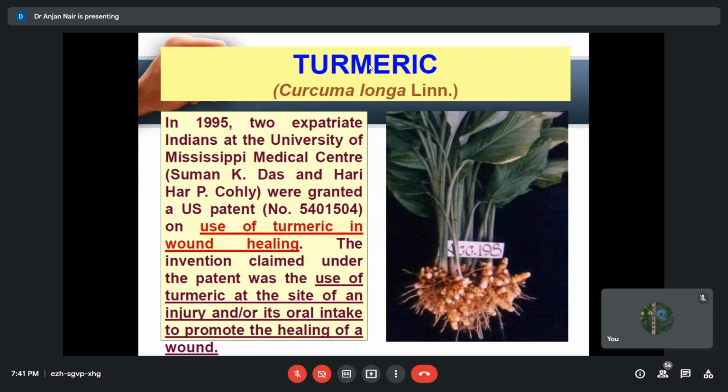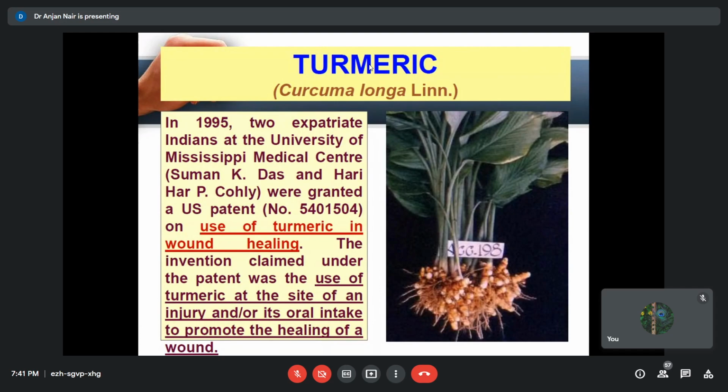One very famous example, which most of you might have heard in newspapers and media, is turmeric. Turmeric has been used since ancient times in India, especially in Ayurveda and naturopathy for treatments, and it has very good antiseptic properties. Wound healing ability is there, and it's a natural product.